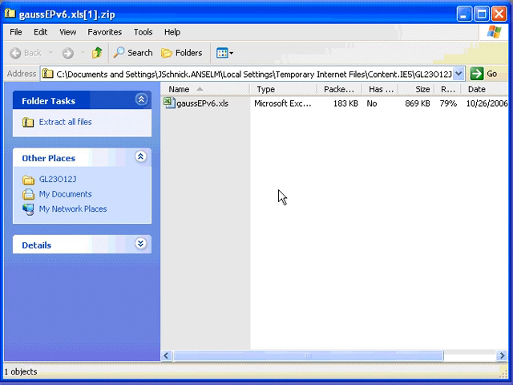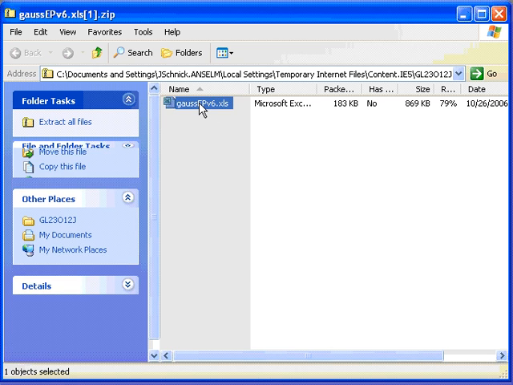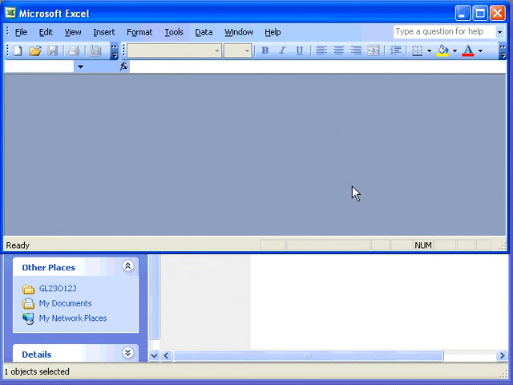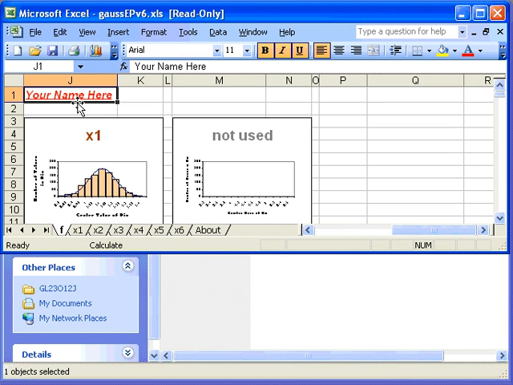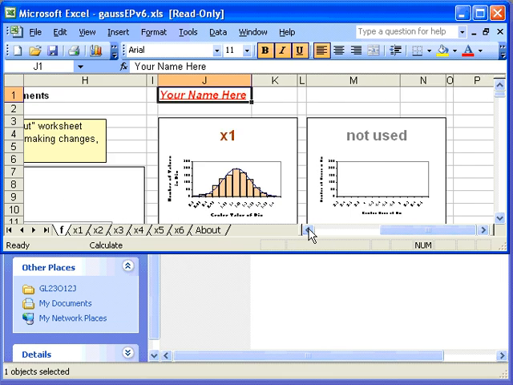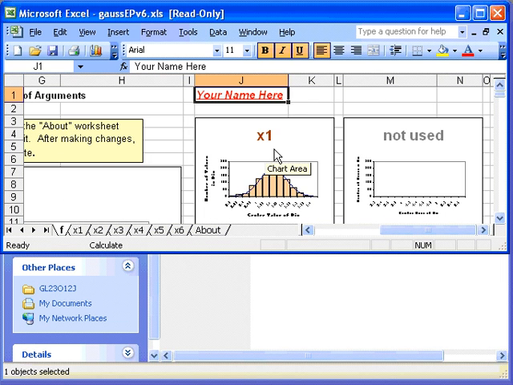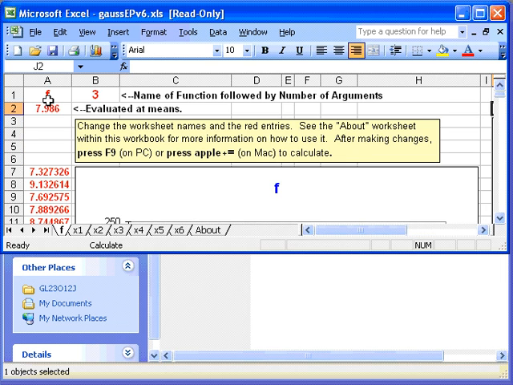Open that up. Double click. Open. And there we go. It starts up. They want my name first. So type your name in. I'll hit return. Come back over here to the function.